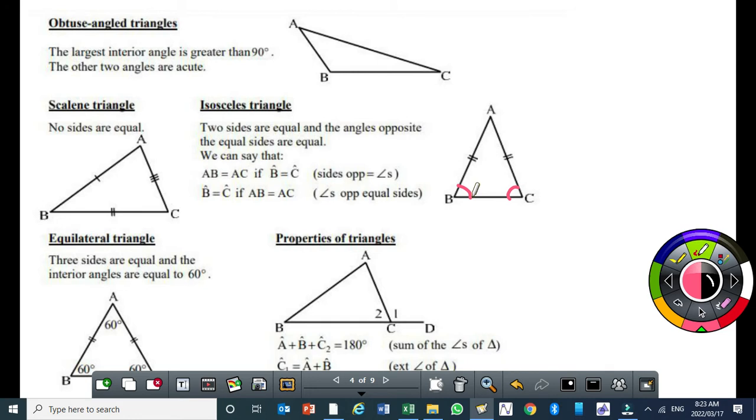Also, if you want to prove that two angles are equal, you don't give your reason as isosceles triangle. In the case of two sides being equal, and you are given that the angles opposite those two sides are equal, your reason would be sides opposite equal angles. Please take note of it. You don't write isosceles triangle.